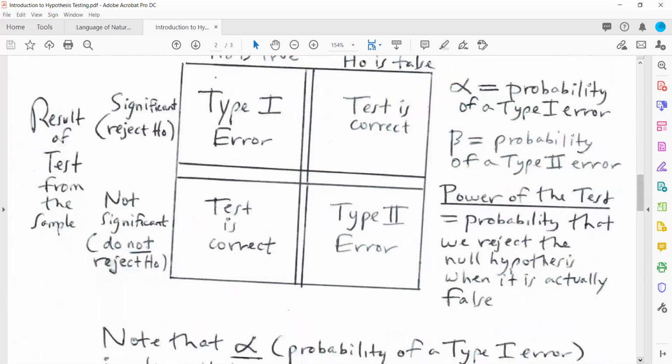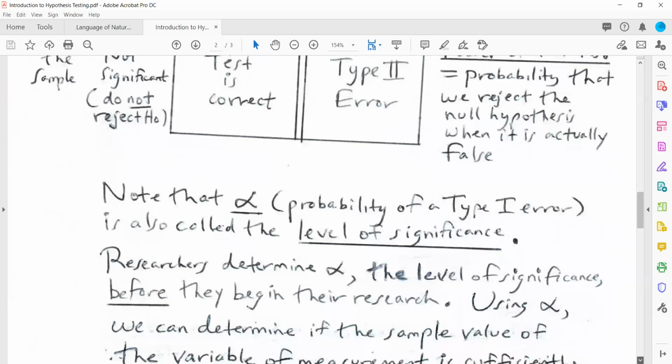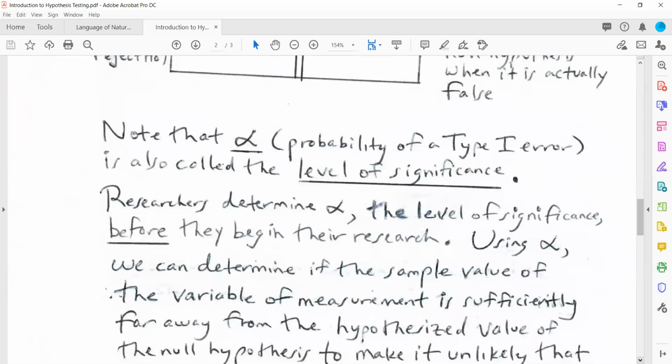All right. Now, another name for alpha, which is the probability of a type 1 error, is called the level of significance. Why is it called that? The reason is because researchers, before they actually do any research, before they even take their sample, want to determine the highest amount of type 1 error they're willing to tolerate.